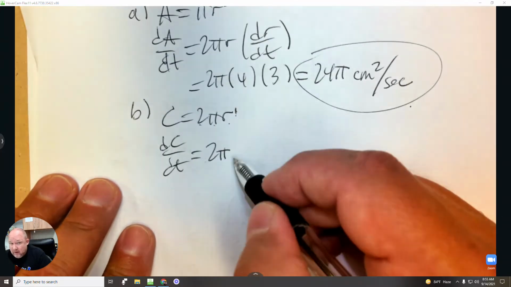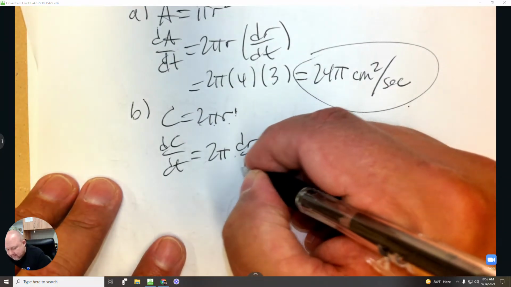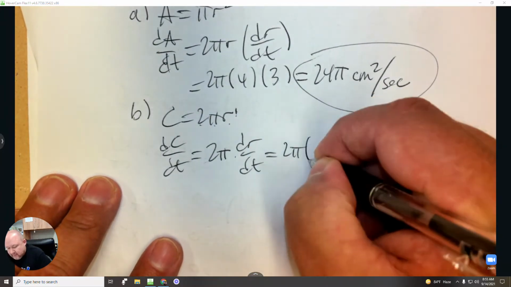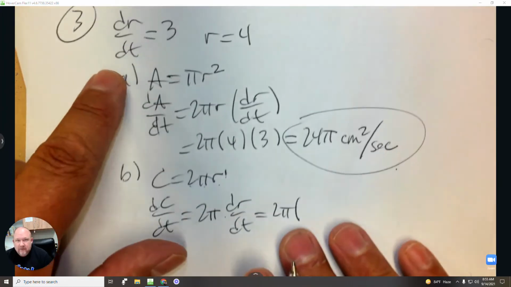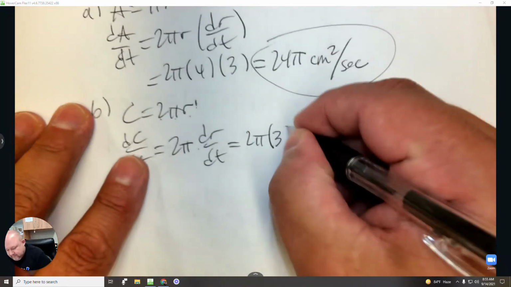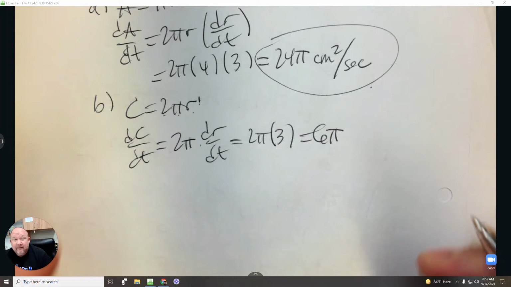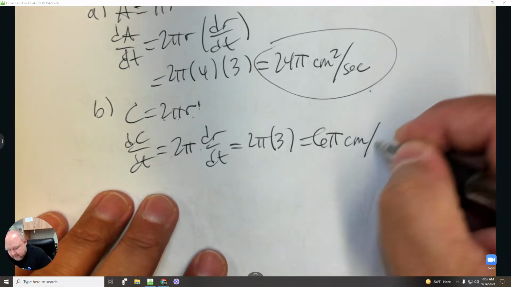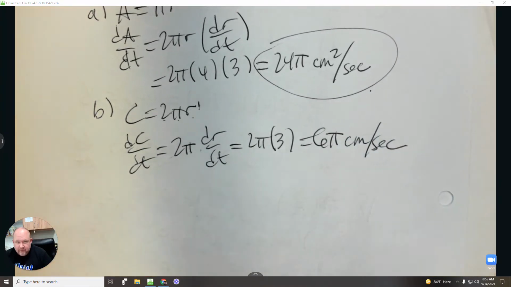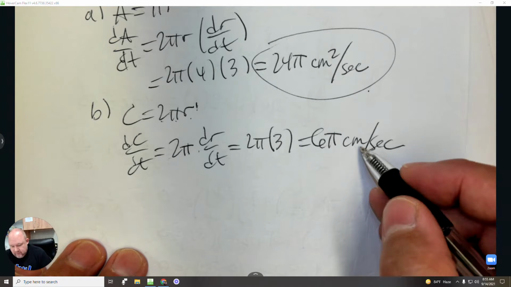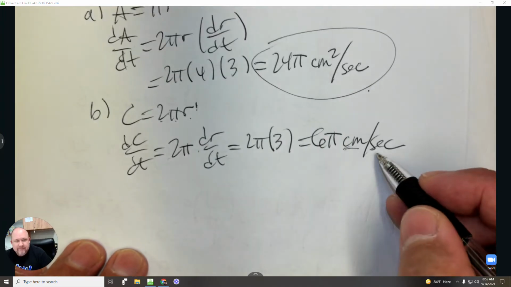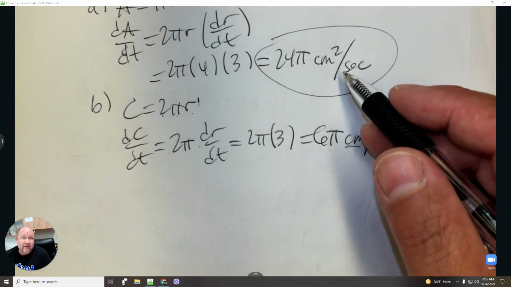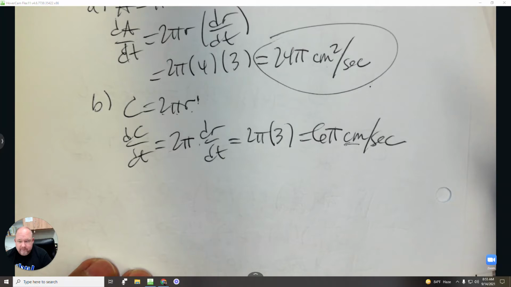And now we have no r's, but we need the hook, dr/dt. And then I plug in the rate for the radius, which is 3. And the answer is 6 pi. Now for circumference, that's just centimeters per second. So circumference is just a distance. So it's just centimeters. Centimeters squared would be area. Centimeters cubed would be volume.